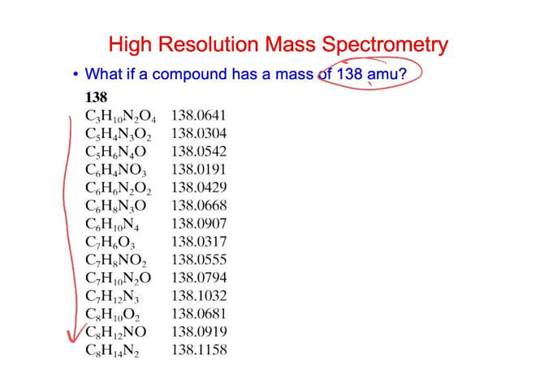But the remaining digits are different. These slight differences from unit masses are called the mass defect, the difference from the unit mass. So notice as we go down here: 138.06, 0.03, 0.05, 0.01, on down.